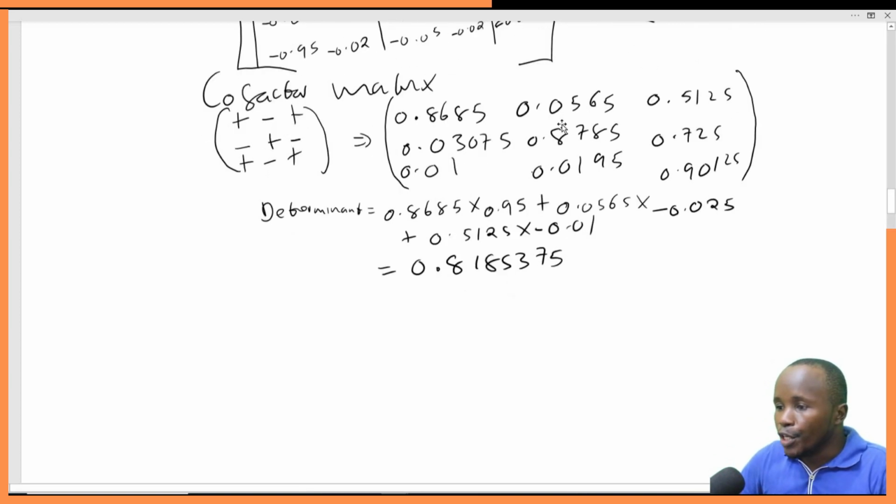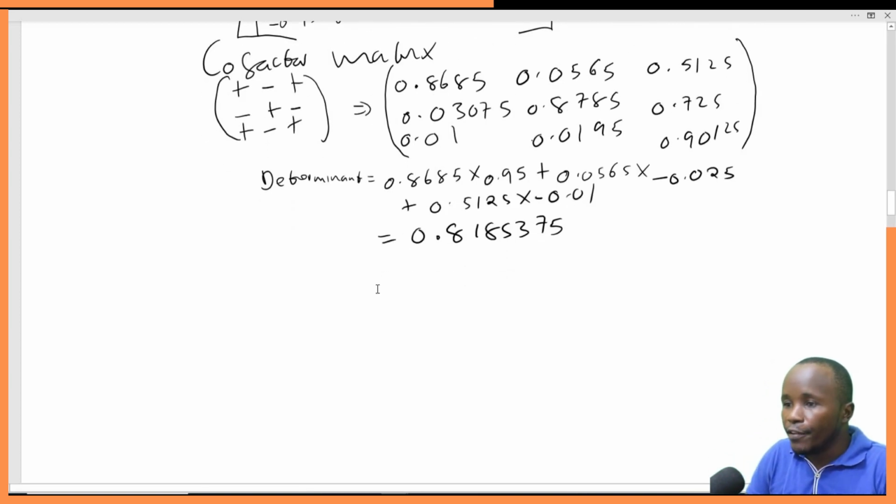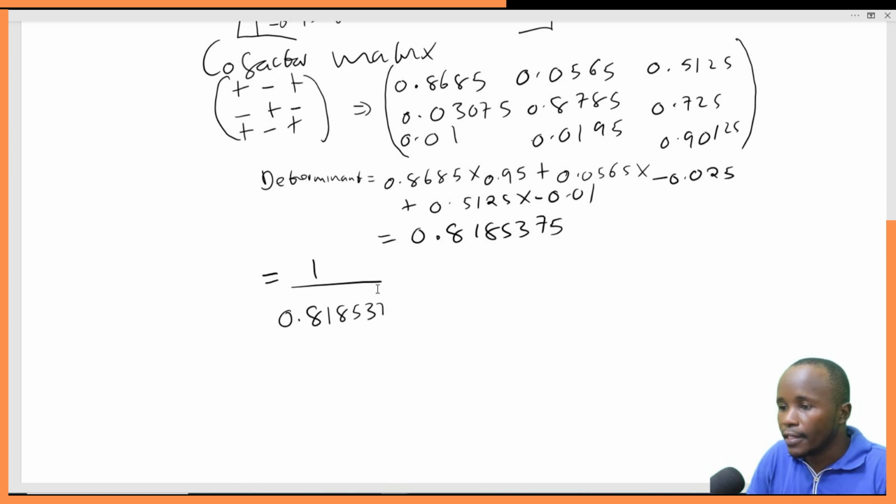Now this will give you the determinant. We need to find the inverse. The inverse is 1 over the determinant, 0.8185375. Then you transpose. You know how to transpose the cofactor matrix.